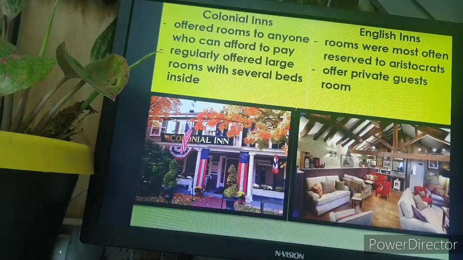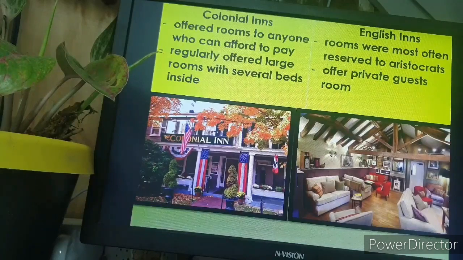And tourists may also encounter different travelers, but in English inns, they offer private guest rooms. Okay, so in other words, they will only accommodate the aristocrats or datos who are willing to pay the said amount, or you expect a high price as well.